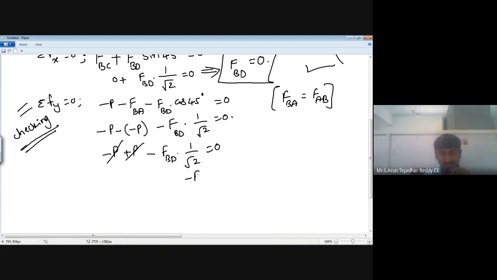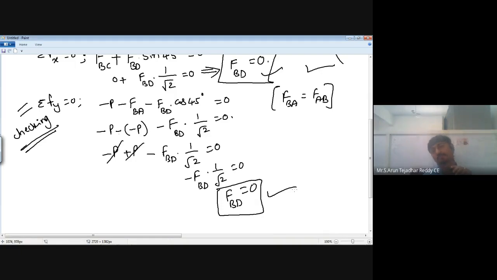Then minus FBD 1 by root 2 is equal to 0. Then obviously FBD is equal to 0. So our checking here, FBD is 0. So our solution is correct.